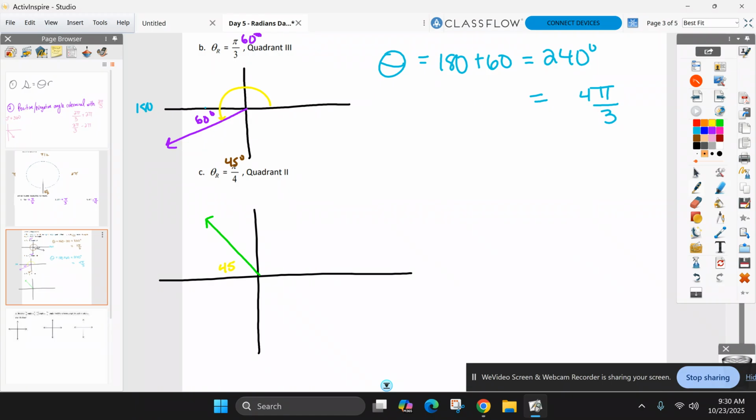Reference angles are with the x-axis, not the y. Make sure it's the angle on the x-axis. And then you are finding how many degrees are in that second quadrant angle. So we're looking for something between 90 and 180 here.